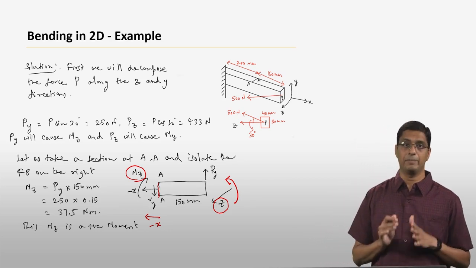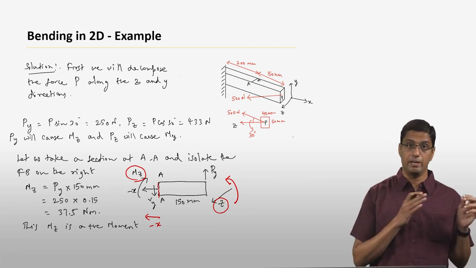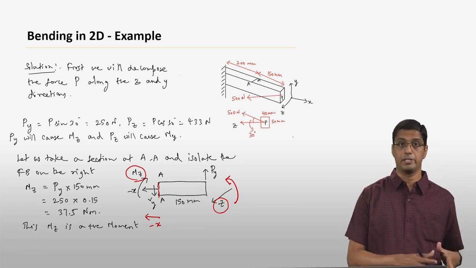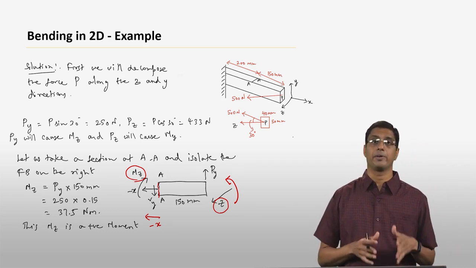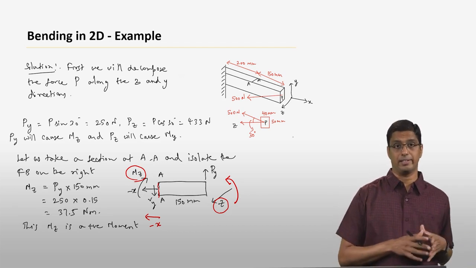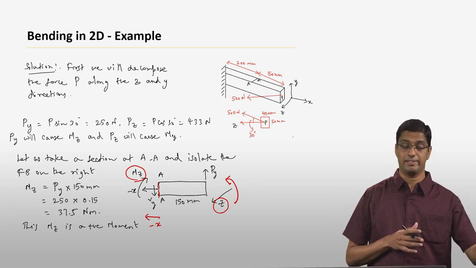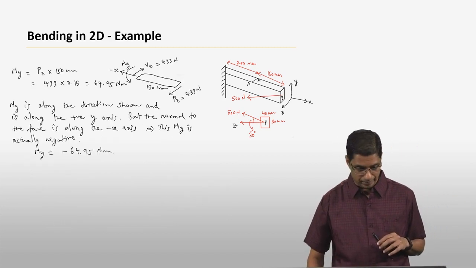That is something very important. The convention for figuring out whether an internal moment is positive or negative is absolutely critical if you want to write the bending equation correctly and find out the stresses correctly and the locations where the stress is tensile and compressive. Hopefully that is clear to everyone.